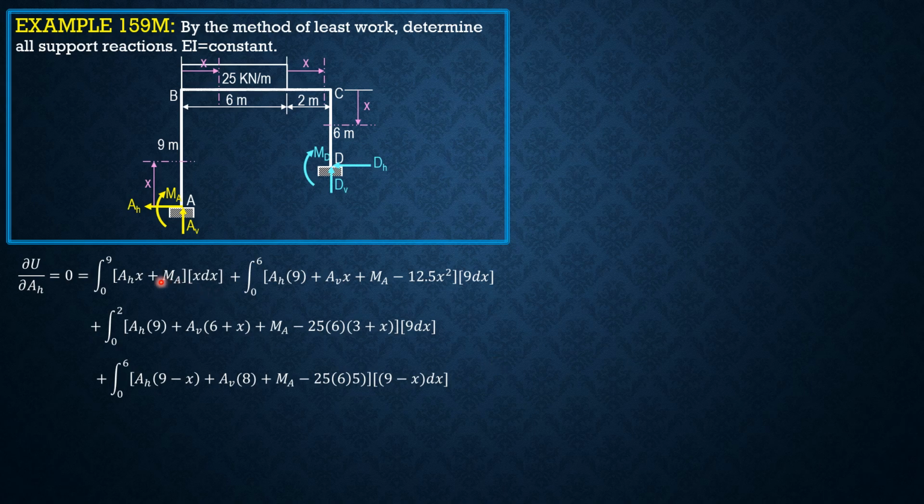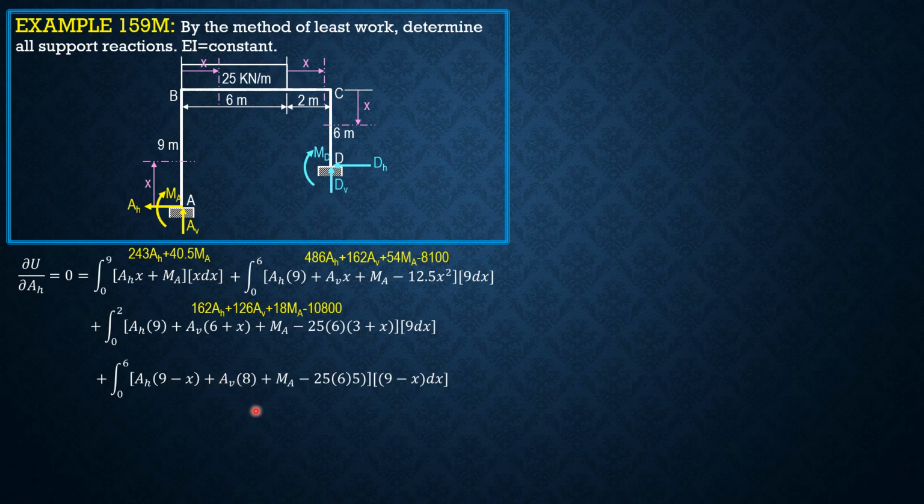So for the first integral, it is 243 AH plus 40.5 MA. For the second integral, it is 486 AH plus 162 AV plus 54 MA minus 8100. For the third integral, 162 AH plus 126 AV plus 18 MA minus 10,800.